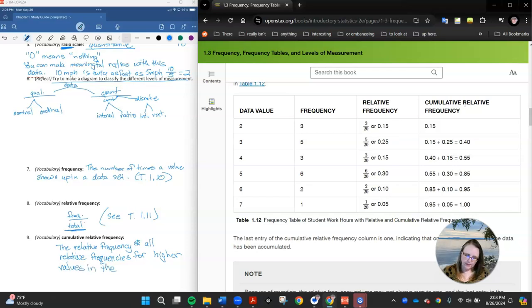It's a little bit confusing to write, it's a little bit confusing to define, but it's easiest to see when we look at how to do it.